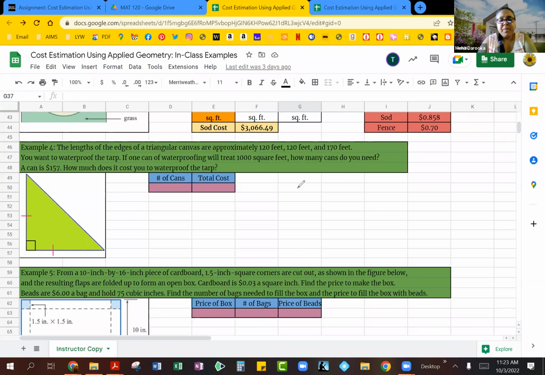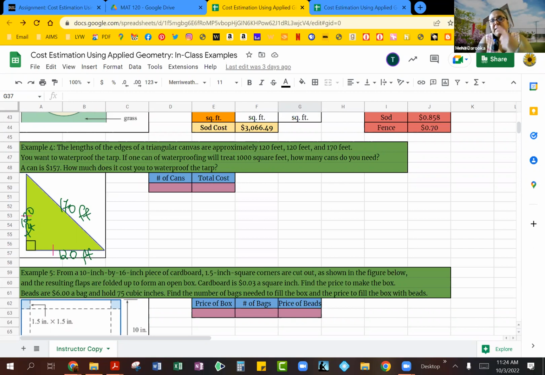So obviously, you have the side measurement. That's going to be 120 feet here, 120 feet here, and then the third side was 170 feet. So these are the dimensions. First of all, we need to know how many cans of waterproofing we will need.